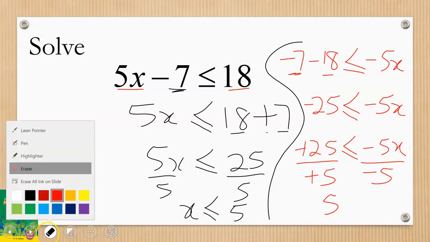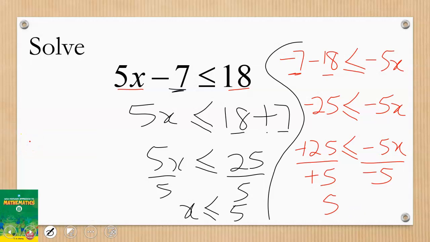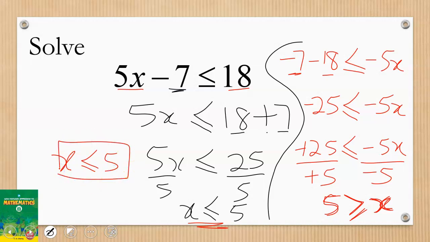Instead of less than or equal to, we write greater than or equal to x. But if we want to write x first, we say x is less than or equal to. Here I'm saying 5 is greater than or equal to x. If 5 is greater than or equal to x, and I'm saying x first, then I will say x is less than or equal to 5, and it will come back to the same answer.